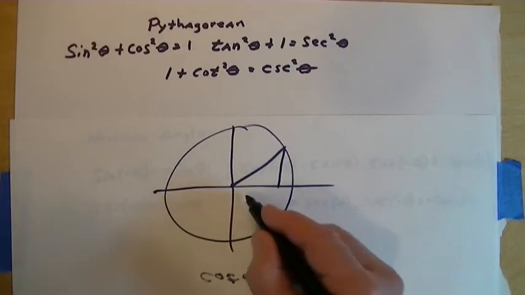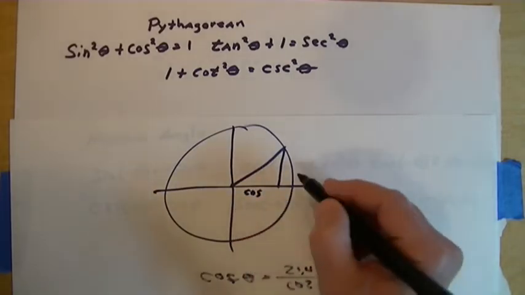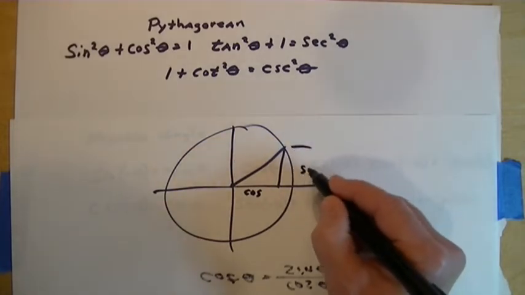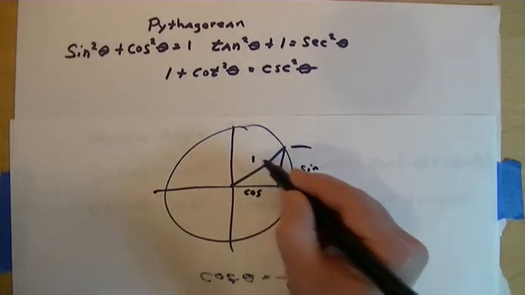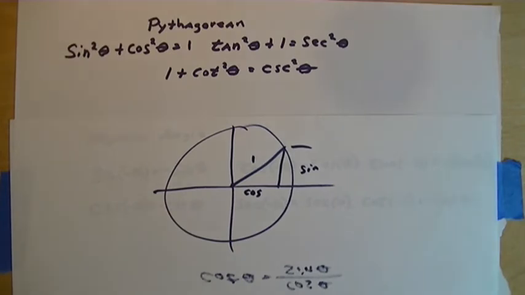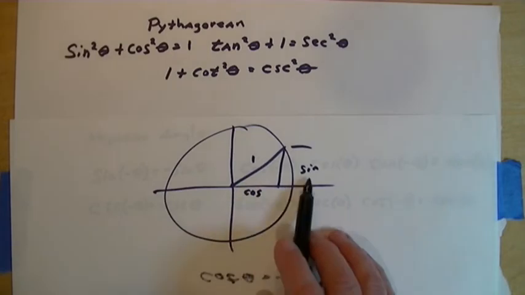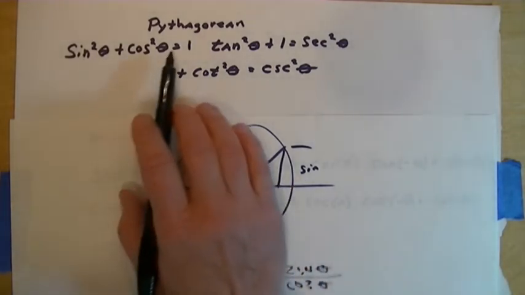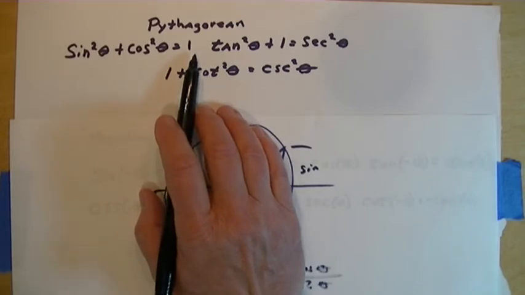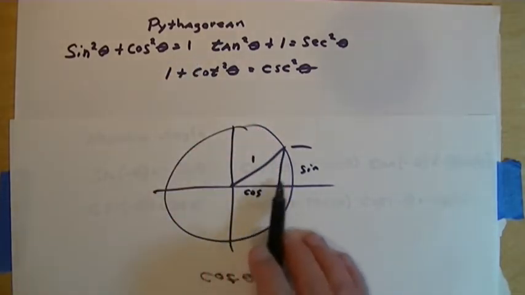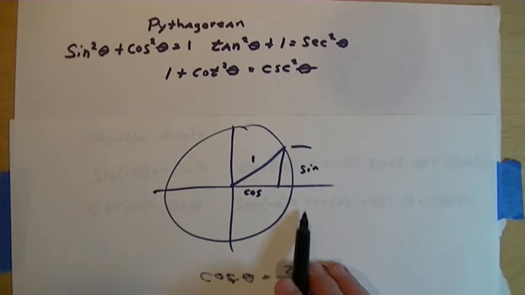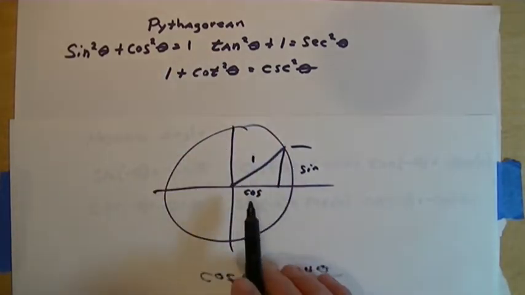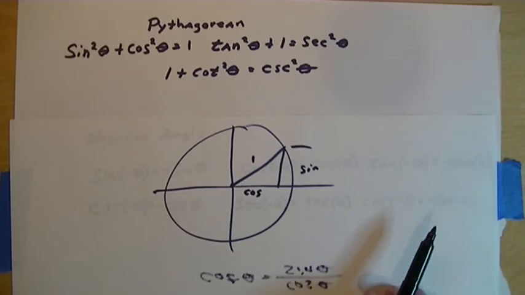So this distance here is your cosine, and this distance here is your sine, and the unit circle is called the unit circle because your radius is always 1. So it makes sense that cosine squared plus sine squared equals 1 squared. So we get sine squared plus cosine squared is always 1. This comes straight from the unit circle. It's called a Pythagorean identity, obviously, because we're using the Pythagorean theorem to put that together.